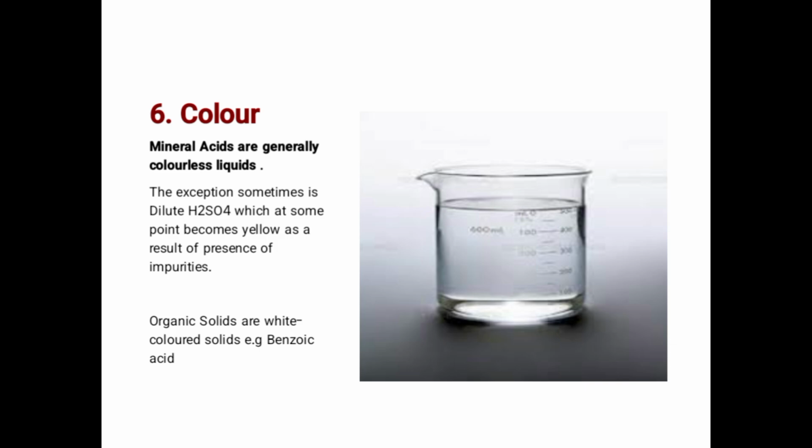This is a result of the presence of impurities and oxidation processes. So most acids are colorless. However, organic acids like benzoic acid are white colored solids. So acids are generally colorless, except for those few exceptions.